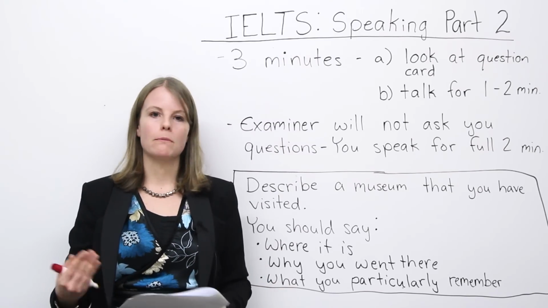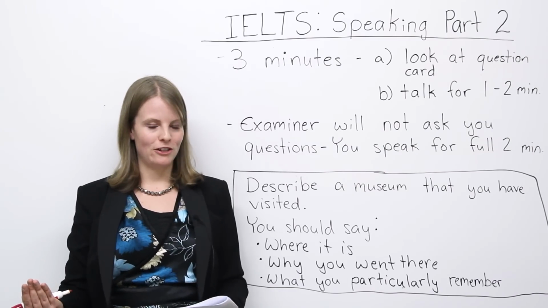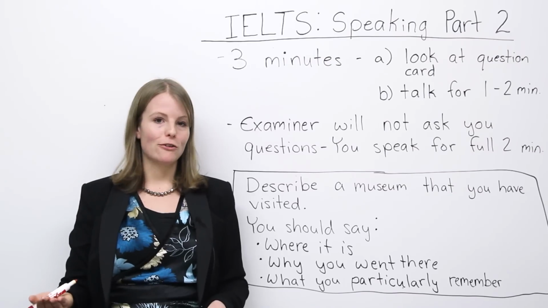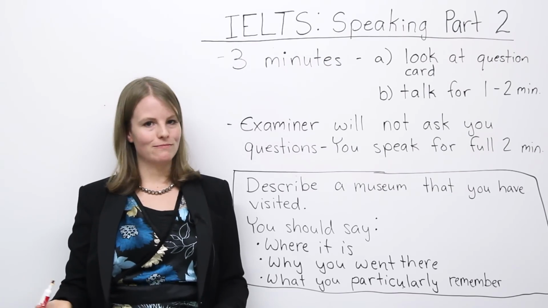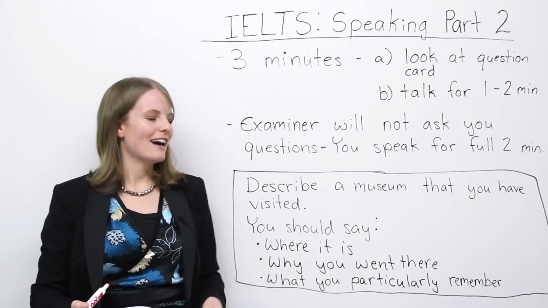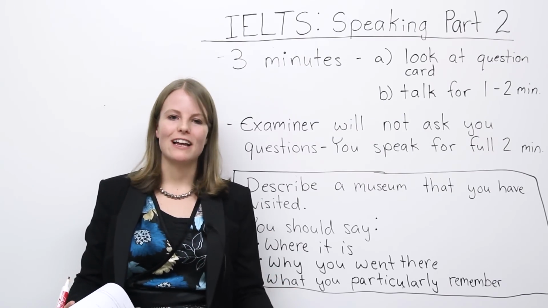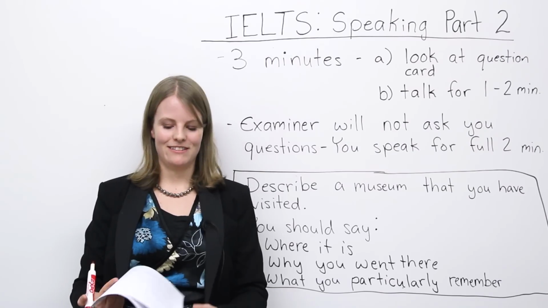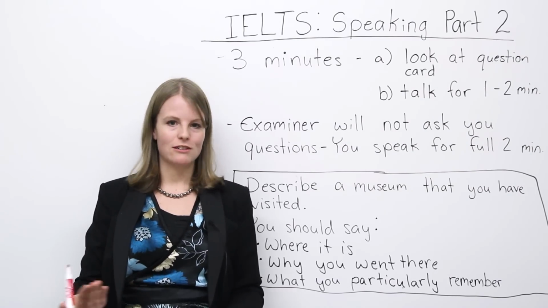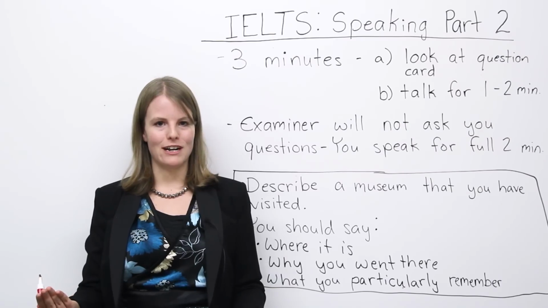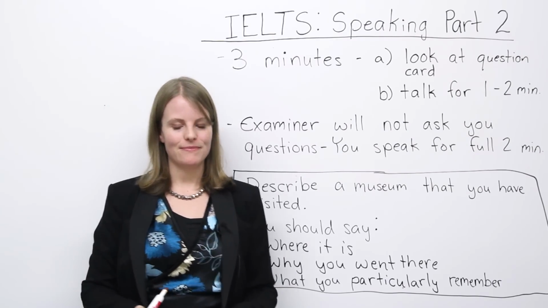You might be asked about a special day, a sporting event that you went to, or a concert, a special trip or journey or vacation, people who have influenced you. For example, they might ask you to describe your favorite teacher. What was she like? Why was she so great? You might be asked about a book, music, television program, a movie you saw, or even items of clothing.